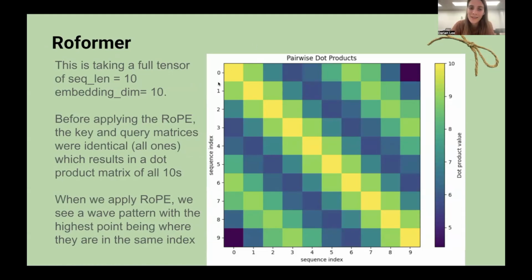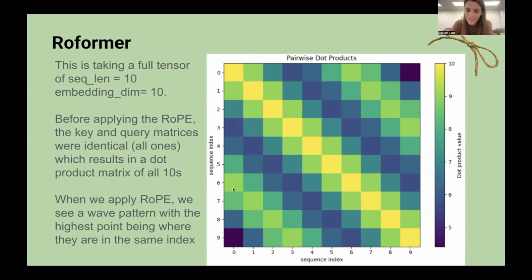So, just to explain what this plot is, I took two matrices populated only by ones and made them the key and query matrices. So you can imagine before applying rope, if we were to multiply these matrices together to get the dot product, we'd get a dot product of 10 in every single square because we're essentially doing 1 times 1 added 10 times. So we're going to have a very high dot product, which is expected because the vectors are exactly the same.